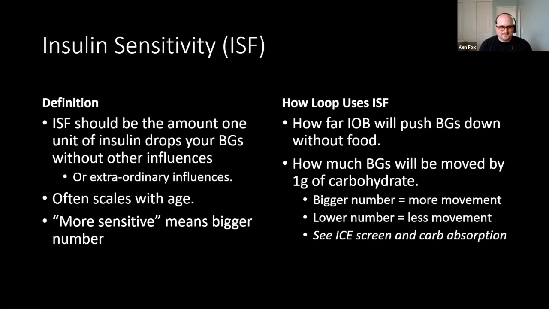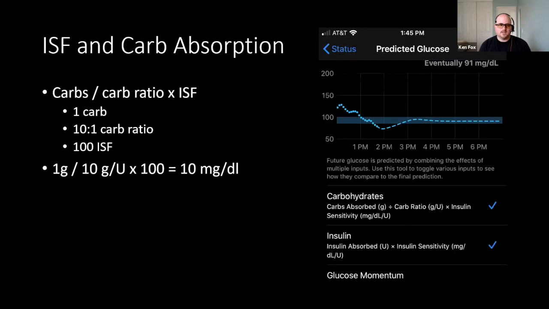Okay, so I covered this one last time, talking about carb absorption. I just wanted to expand a little bit on how ISF impacts how many carbs are absorbed. And again, you have to go watch the video from last week to really jump into this, but I'll leave this up here so you can come back and reference it.